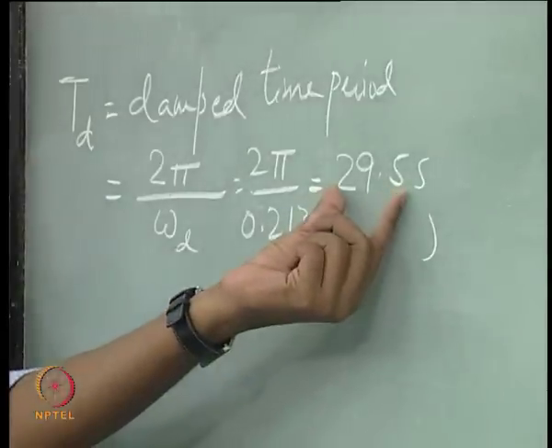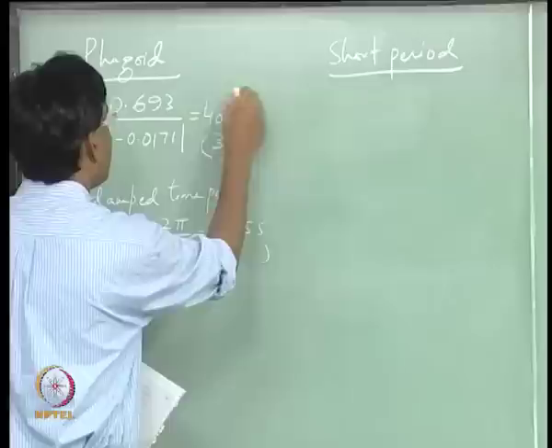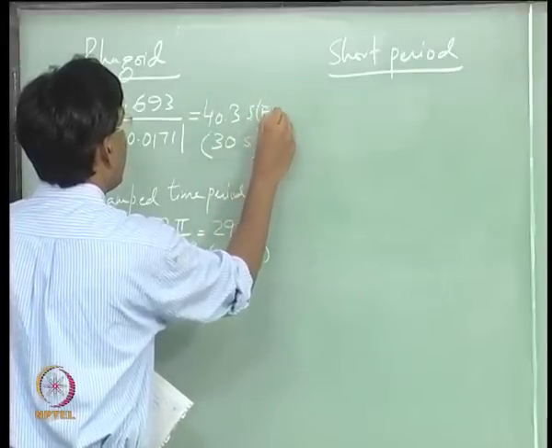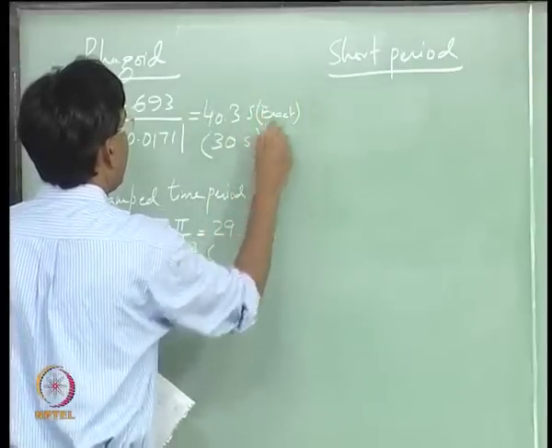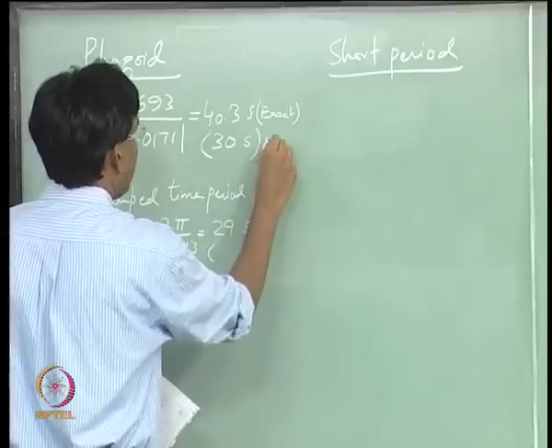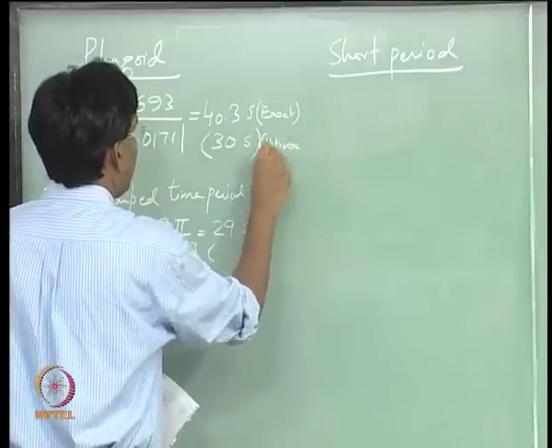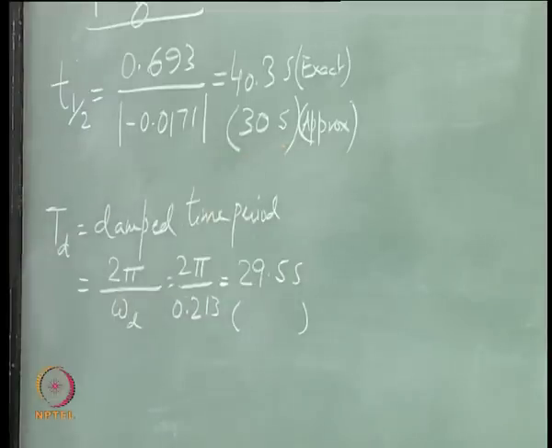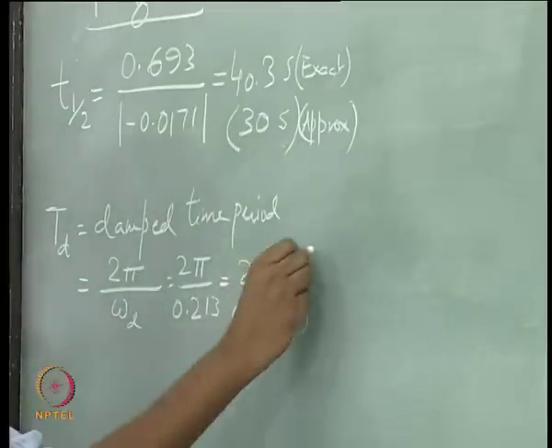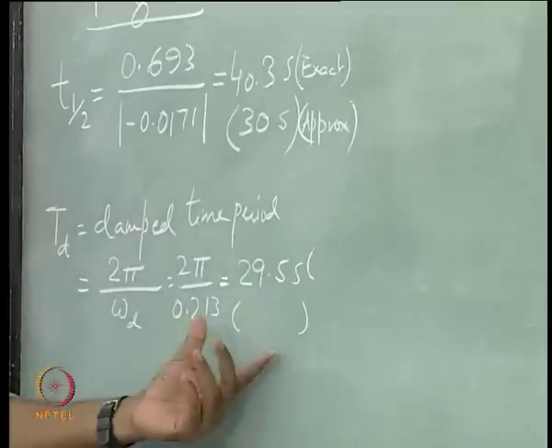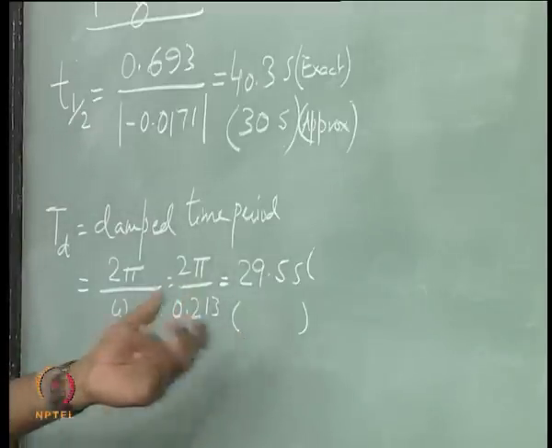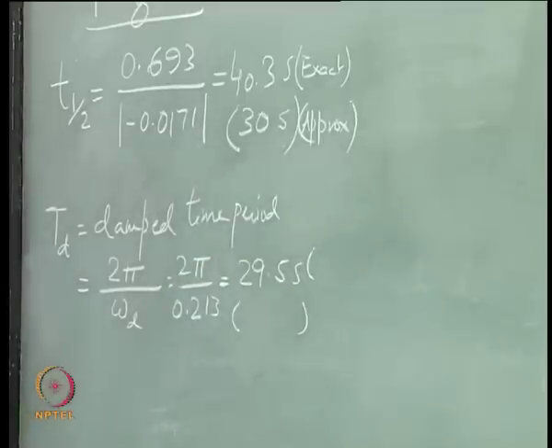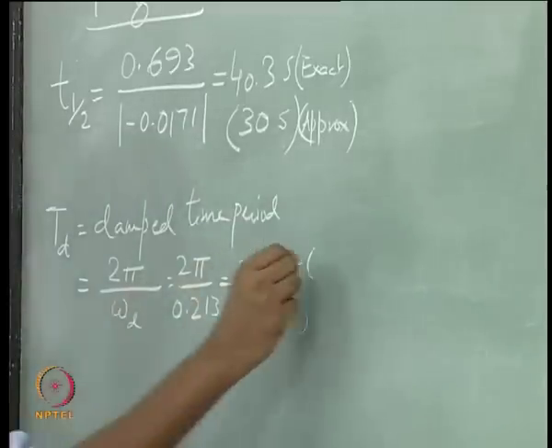So, this is the exact value, and this is the approximate value. Whatever you see in the bracket is the approximate value, and the one with no brackets is the exact number.